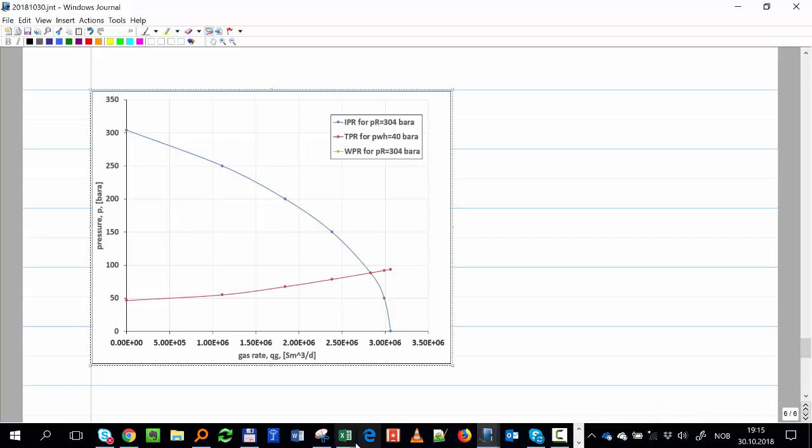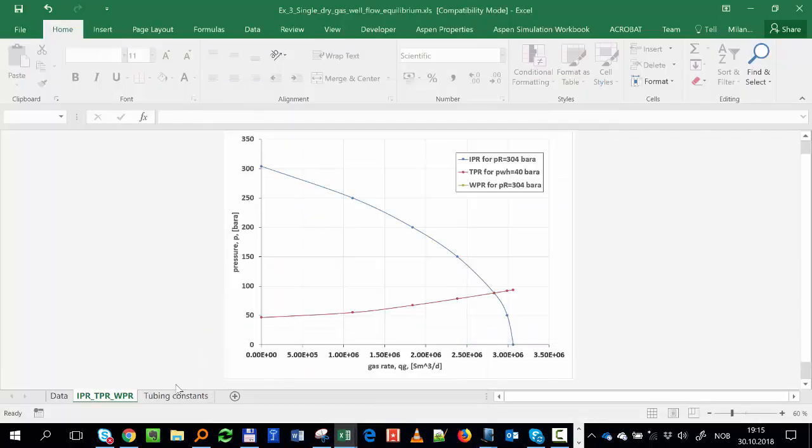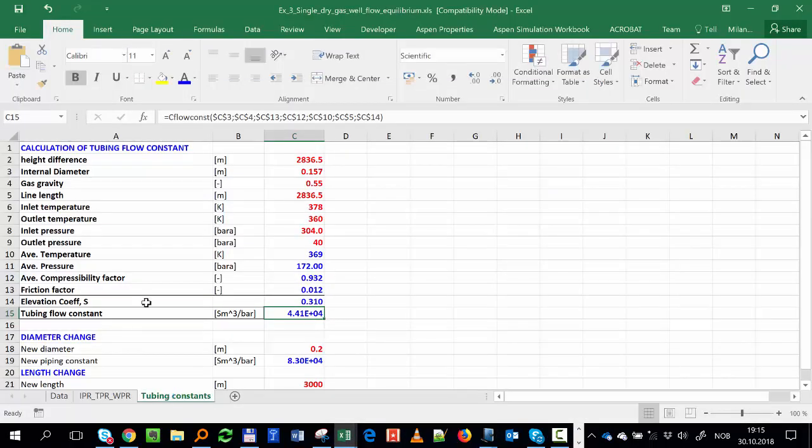When we were calculating the constant, right? We didn't know at what rate or pressure the tubing would be operating. So we said, if you remember, the pressure we used for the inlet was reservoir pressure. But now we know it's not reservoir pressure. Now we know it's 88 point something.